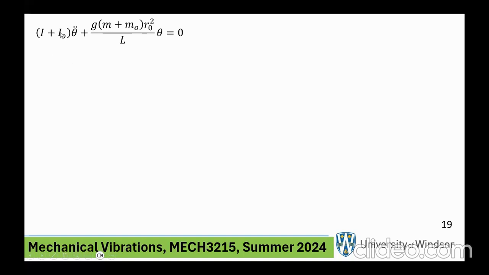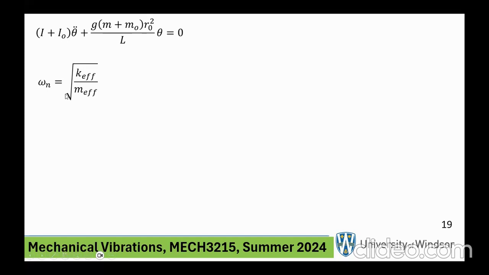Here is the effective mass. Here is the effective stiffness. And the natural frequency of oscillation of this thing is the square root of effective stiffness, effective K, divided by the effective mass. Right there.